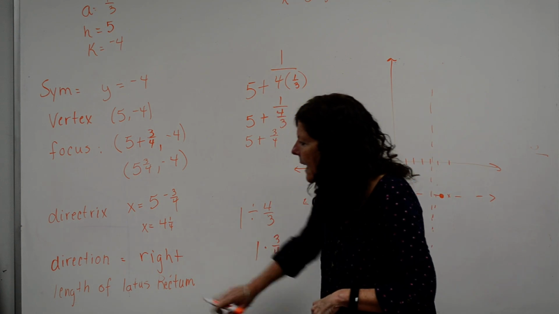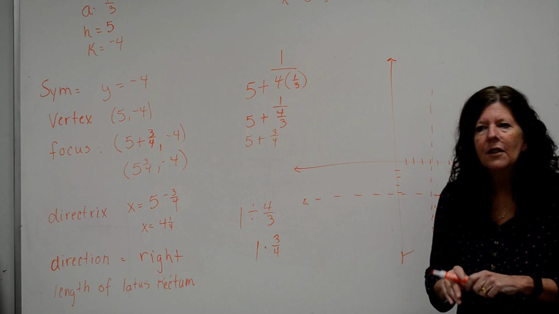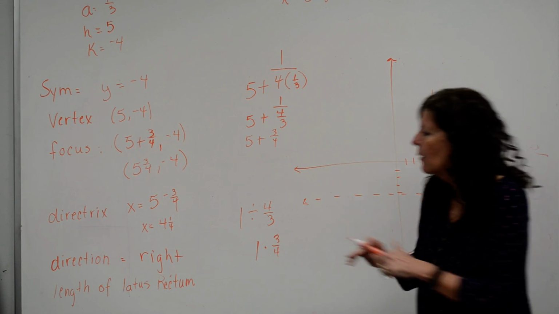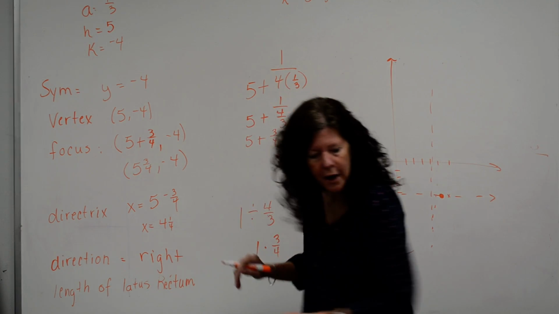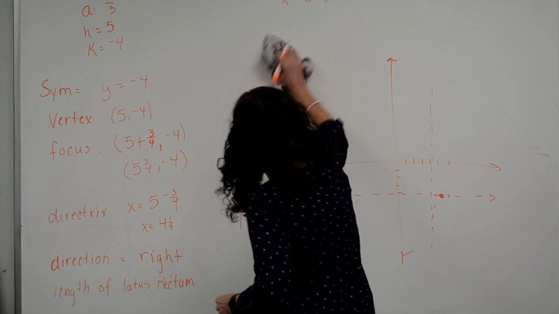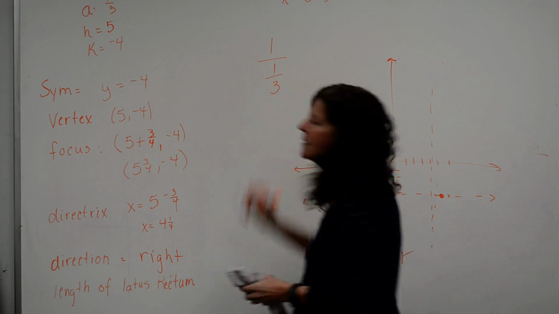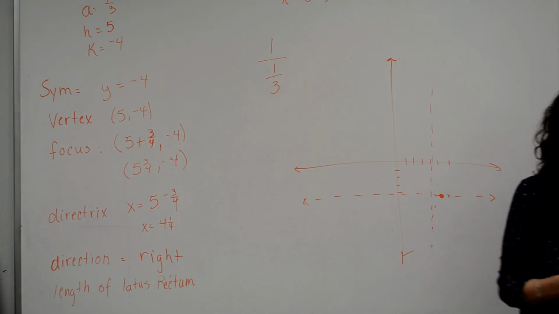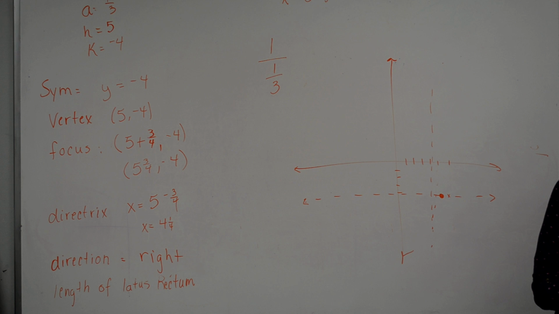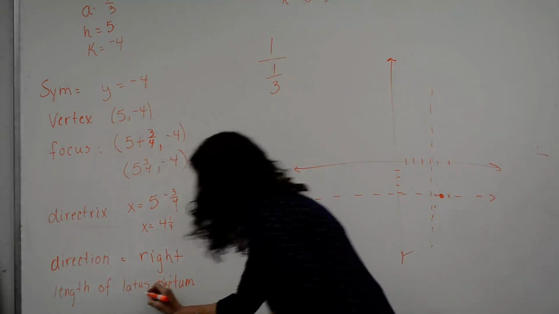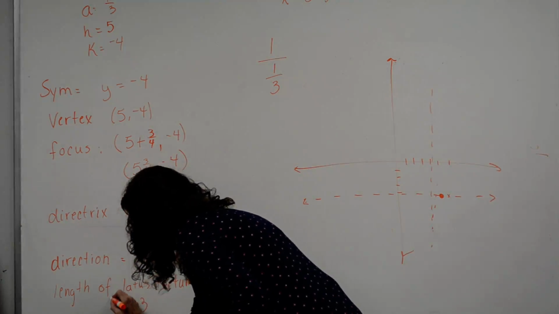The one thing I have left is the length of the latus rectum. Okay, now remember the length is 1 over a. 1 over 1/3, what's that equal to? 3. Okay, so the length of the latus rectum is 3, and it's the absolute value.